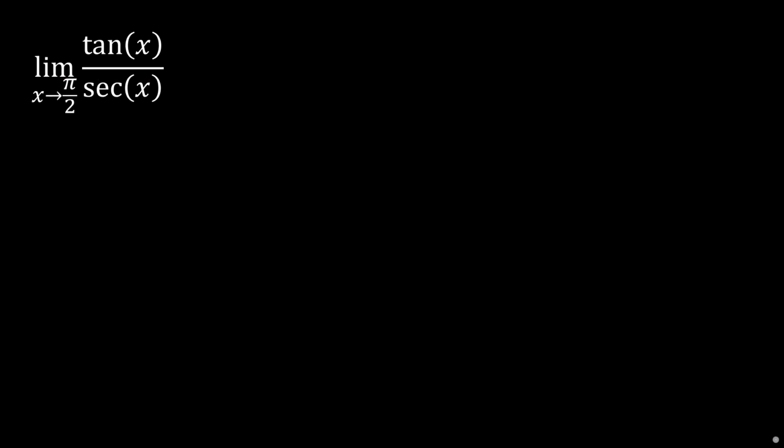And then let's look at some trigonometry. So we have this expression, and basically it would come out to be infinity over infinity. Of course, you wouldn't be able to know that unless you saw the graphs of tangent and secant beforehand.